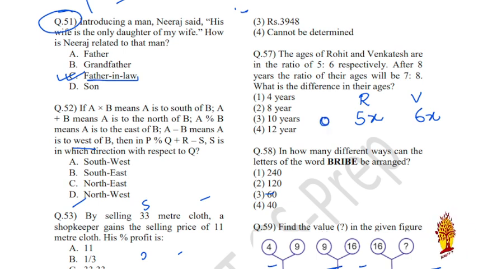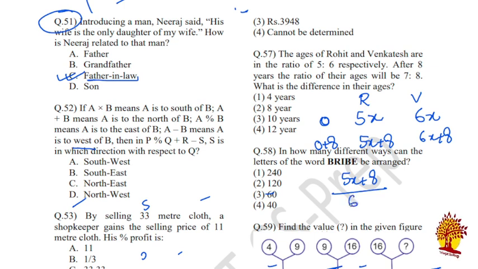At present, we take 0 years. Then after 8 years, Rohit will become 5x plus 8 and Venkatesh will become 6x plus 8. Their ratio is 7:8, meaning (5x plus 8) divided by (6x plus 8) is equal to 7 divided by 8.